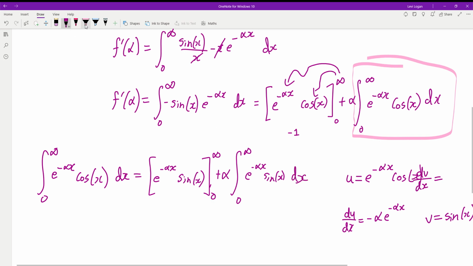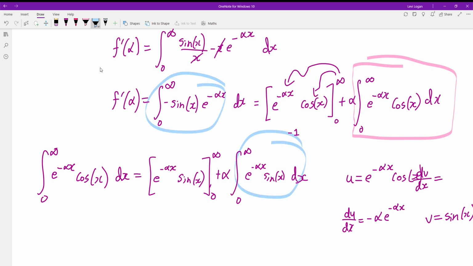Now, we can see that this is actually exactly the same as this. So we've got some patterns appearing here.